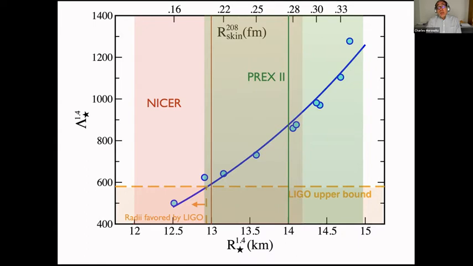We also combine it with the original P-REX1 result, which is a slightly bigger skin, although P-REX1 has a significantly larger statistical uncertainty, so it doesn't change the result very much. So I think the answer to your question, Prakash, is this is just the P-REX2 result rather than the sum of the two, which would give a slightly different, slightly larger number.